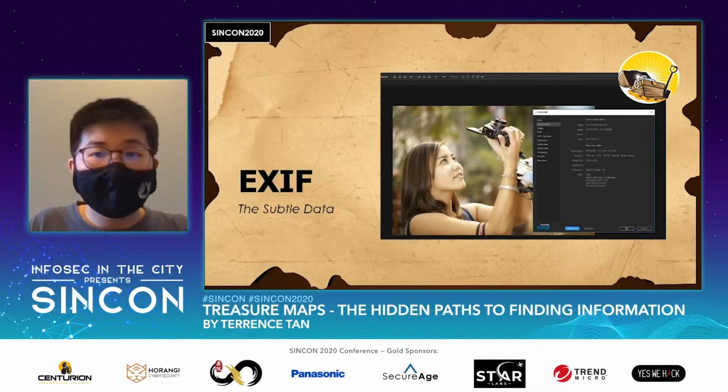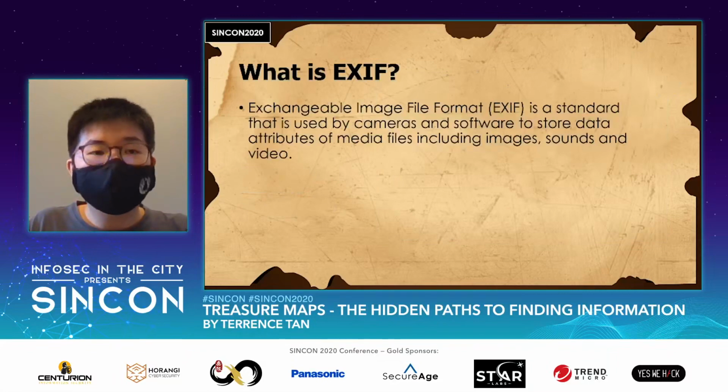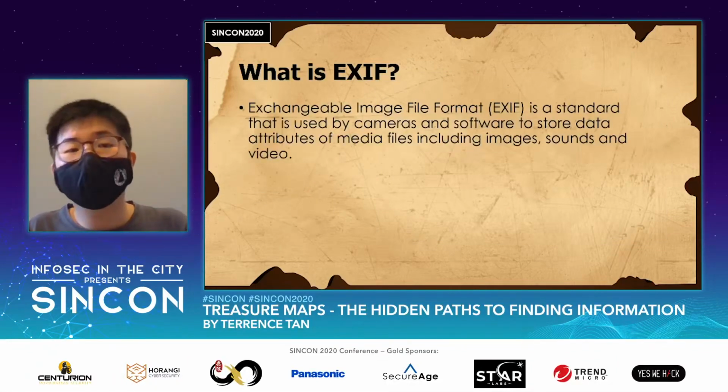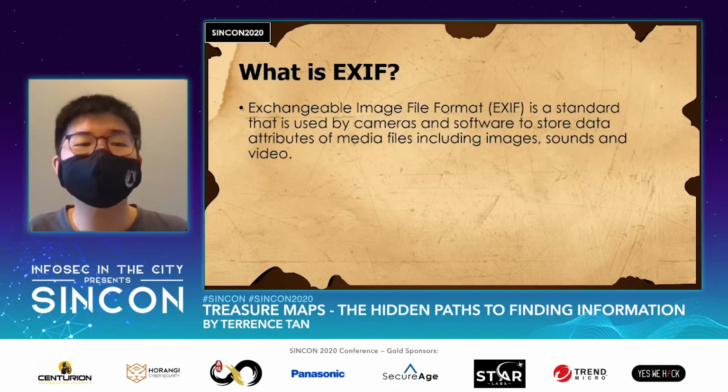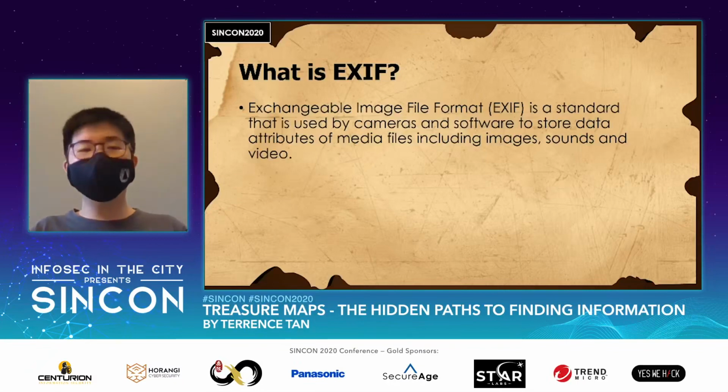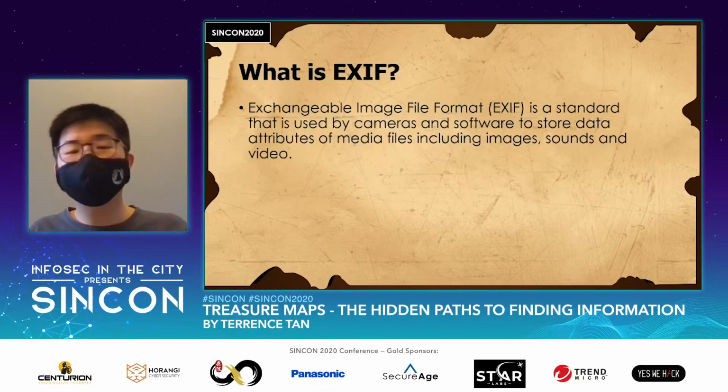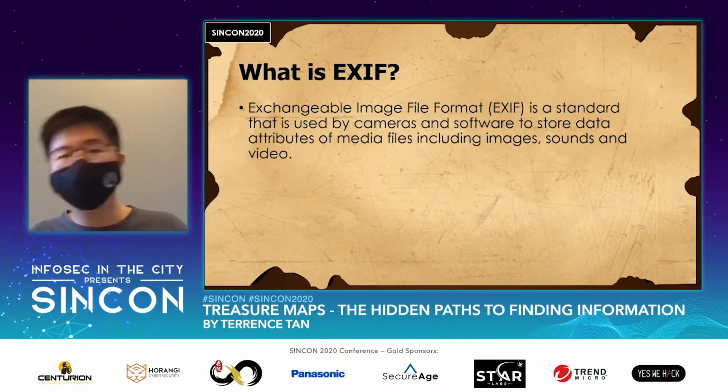So let's take a look at what is EXIF. Exchangeable Image File Format, or EXIF, is actually a standard that's used by cameras and software, and of course camera phones, to store data attributes about media files, including images, video, voice recording, and so on and so forth.